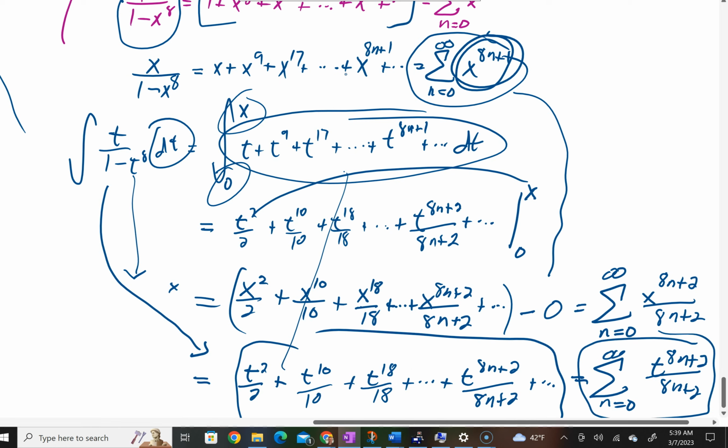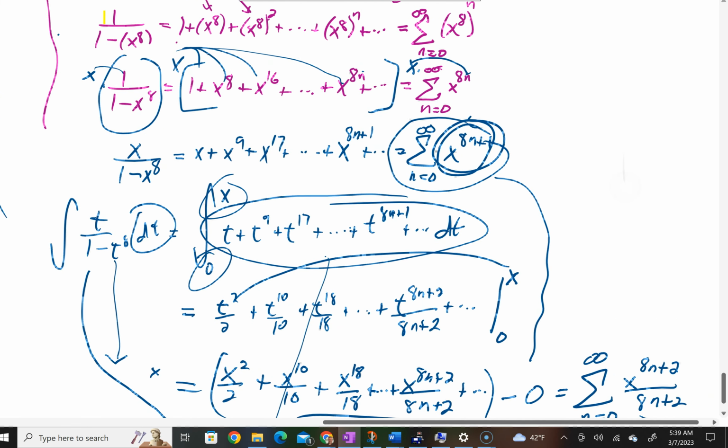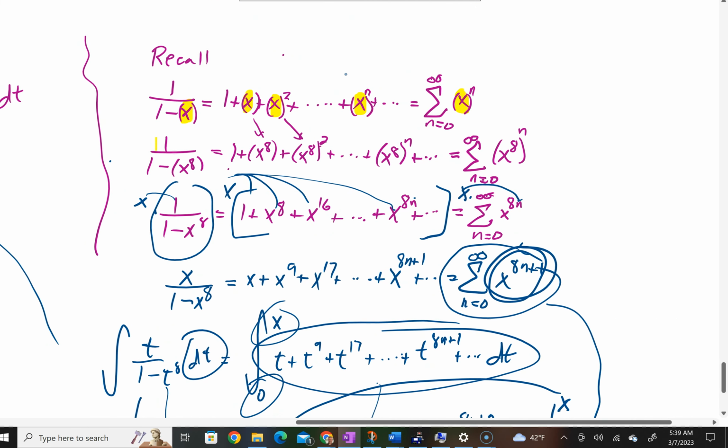But most importantly, I hope you're getting comfortable with the two big ideas that, when you have a given series, you can make substitutions and you can also multiply terms. Even if it's a constant, sometimes we factored out a 1/2 from a function, and then we multiply 1/2 to one of these geometrics.